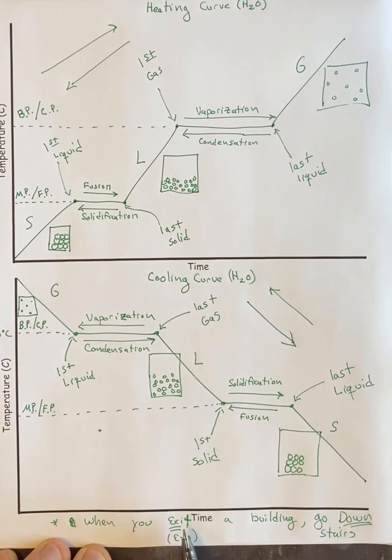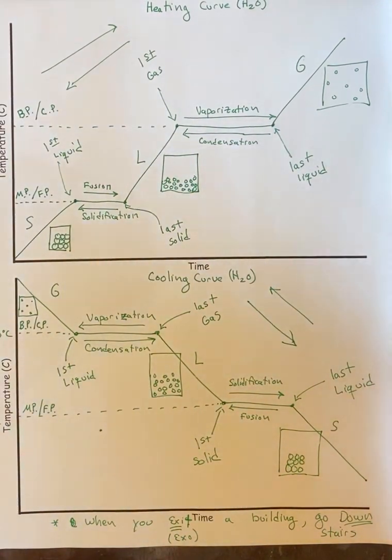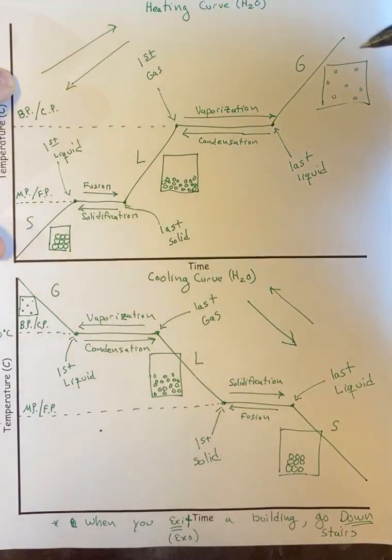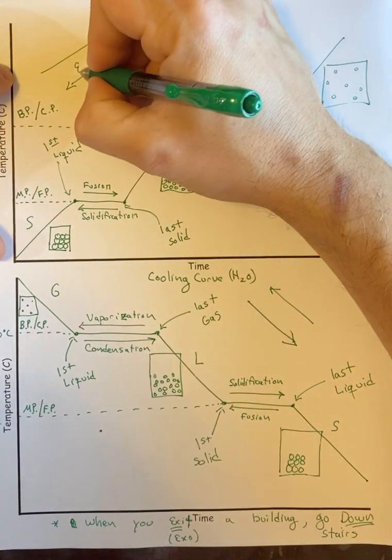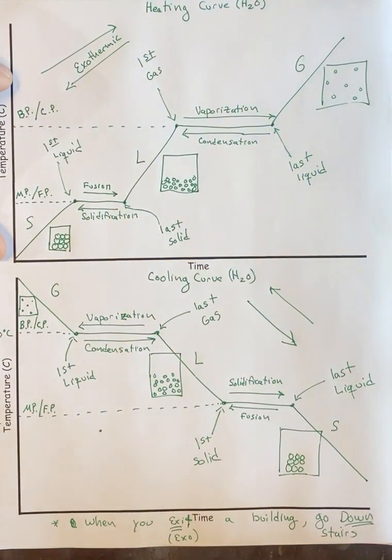So if you think about it, exo and exit, they both have the EX in it, so therefore the exit direction is always down the stairs. So if we're talking about the heating curve, down would actually be to the left, so this is the exothermic direction. And if we think about a cooling curve, the down would be to the right.